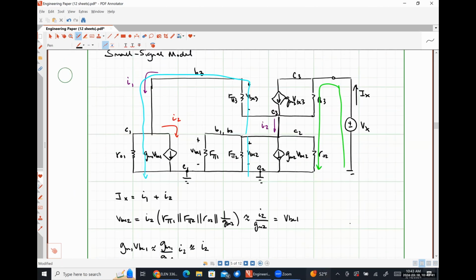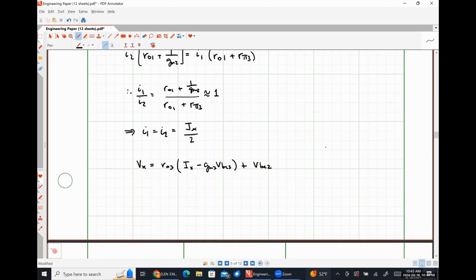What's VBE3? Negative I1 times R pi 3, right? Using this good old Ohm's law. Minus GM3 times negative I1 R pi 3, close parentheses here. I2 over GM2 goes here.